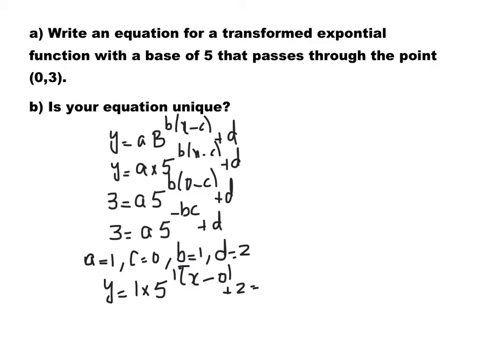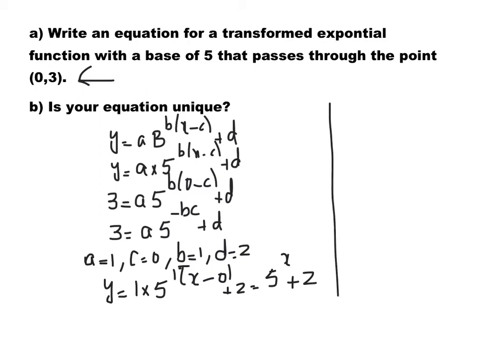So if I simplify it, I get 5 exponent x plus 2. Now this is one equation. Let's see if it's correct. If x is 0, 5 exponent 0 is 1, so 1 plus 2 is 3, so it goes through this point.